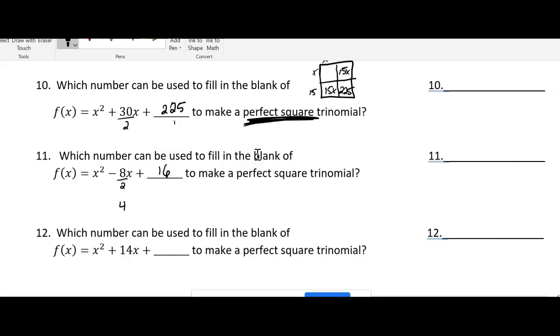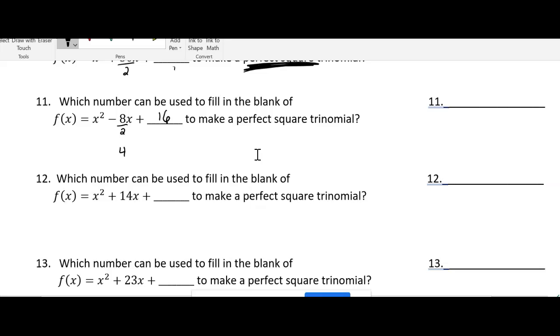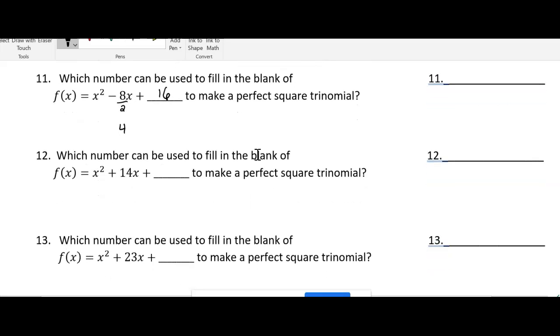All right, good. All right, 12. Try that last one without fractions or anything weird going on there. See what we get for 12.